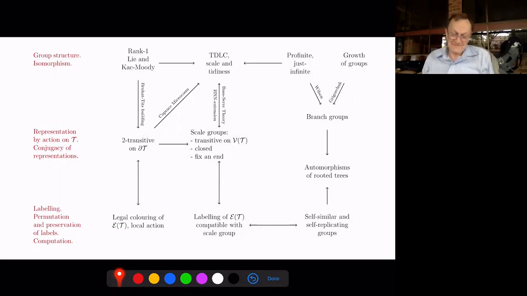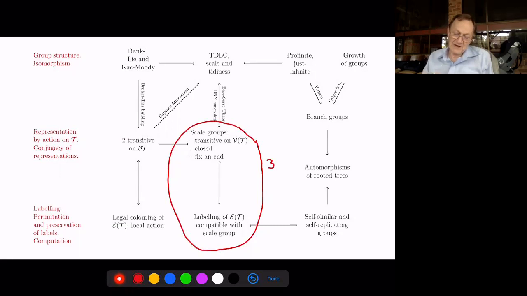Okay, so let me come now to the next part of the talk. I now want to talk about this part of the table. So this is the third part of the talk: scale groups act on trees, but now we can define a specific labeling of the tree in terms of the scale group.